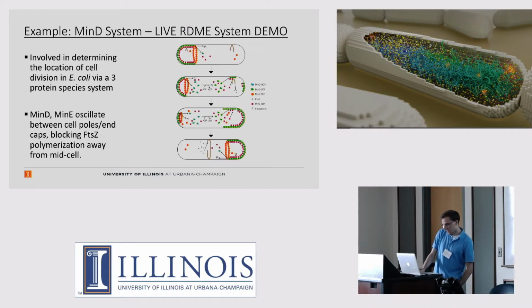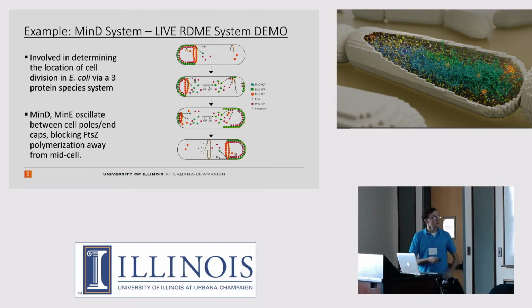The example that we're going to look at here is the MIN system, or MinD system, which I think some people in the audience are fairly familiar with as a reaction diffusion system. The key role that this plays in E. coli is determining the location for where cell division should occur, via a network of different proteins that bind to the membrane.